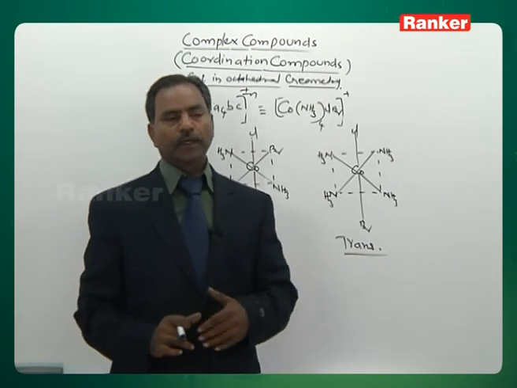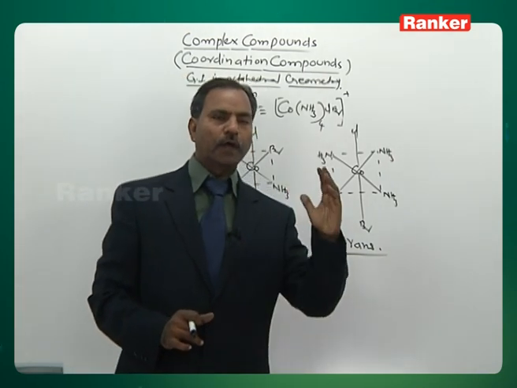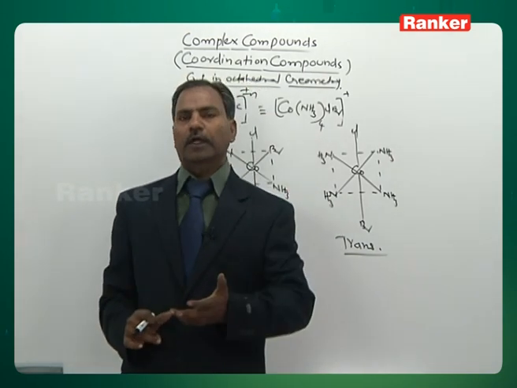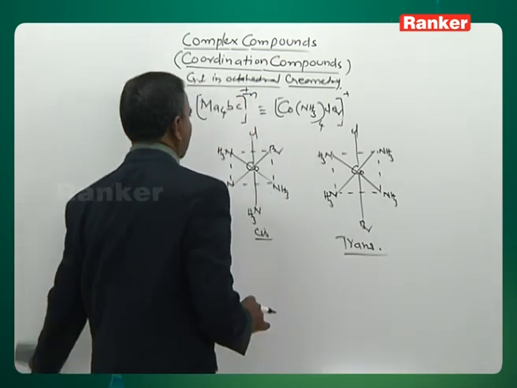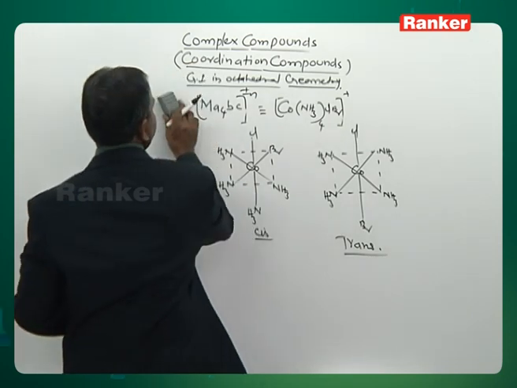Next let us see Ma3B3. Three are of one type, remaining three are of the other type. How to write the geometrical isomers for that type?